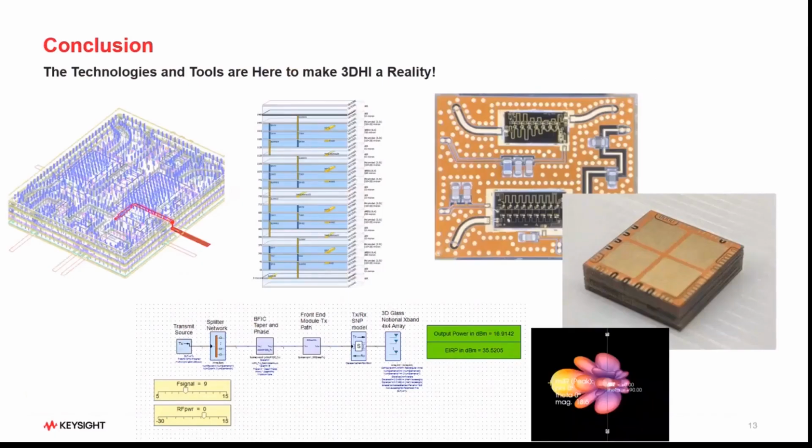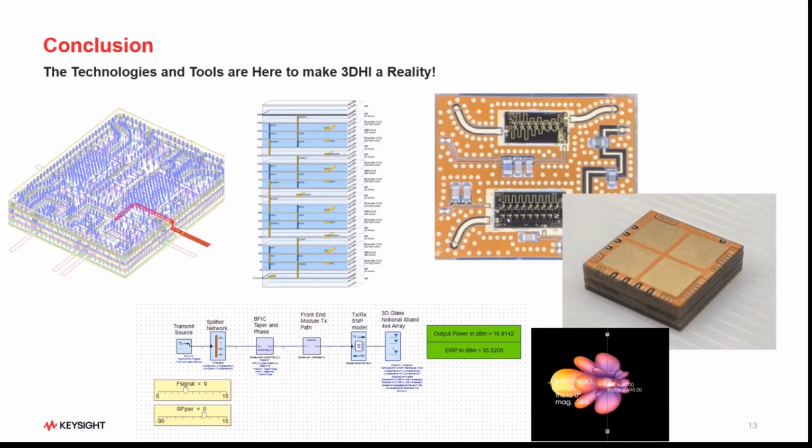So in conclusion, to wrap up today's presentation, you've seen that the technologies and the tools are here to make 3D HI a reality. We saw the unique stacked glass capabilities that 3D glass provides for all kinds of different applications and conditions.